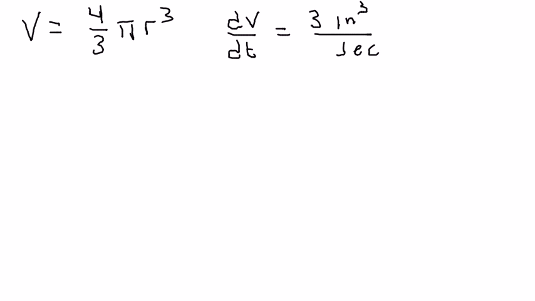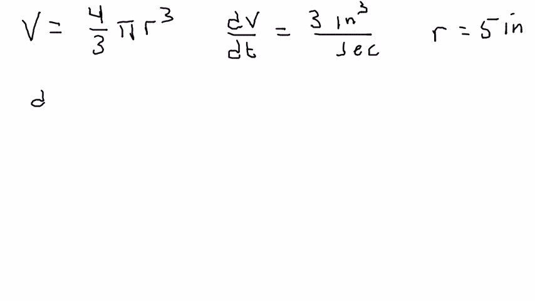Then let's say I want to find the rate of change of the radius exactly when the radius is 5 inches. So what I'm going to do is differentiate over time.